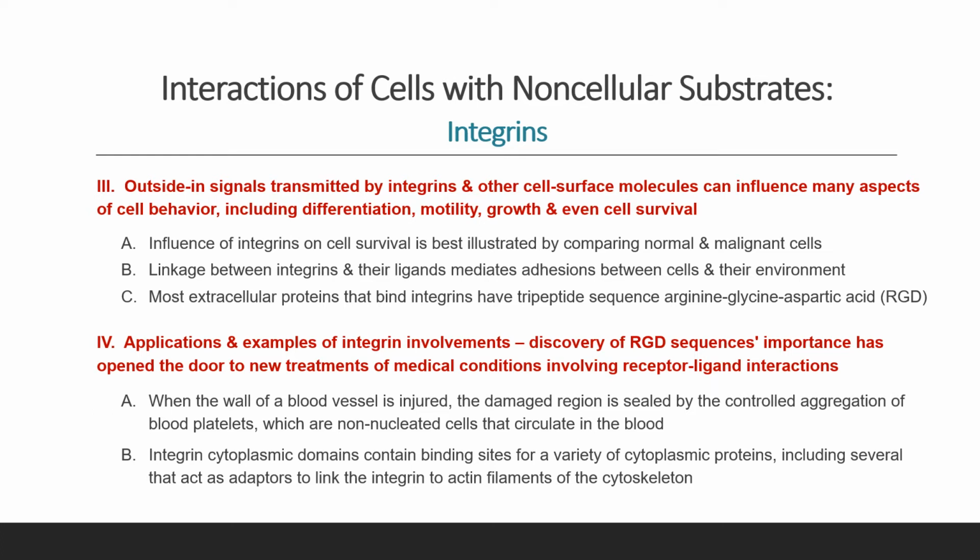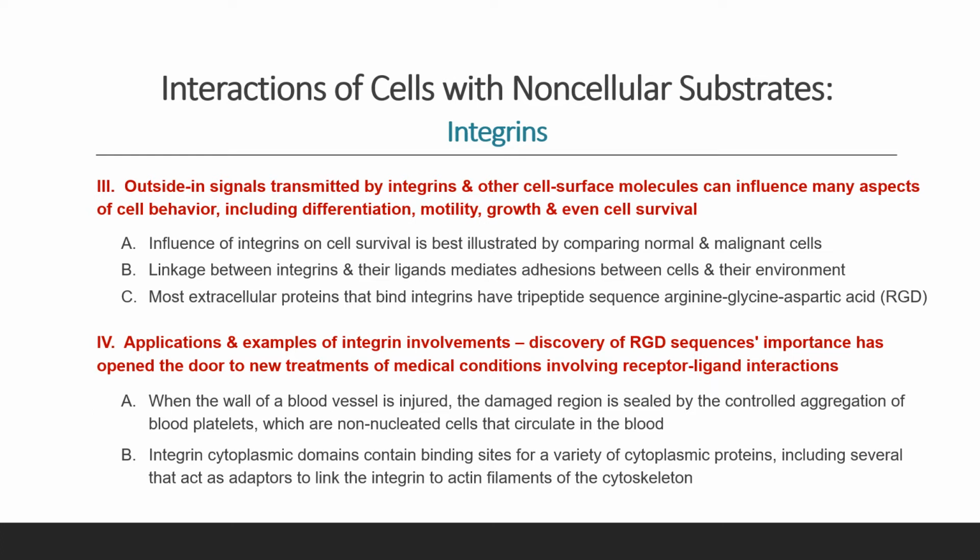So applications and examples of integrin involvement are linked to the discovery of the RGD sequences, which have opened the door to new treatments of medical conditions involving receptor-ligand interactions.